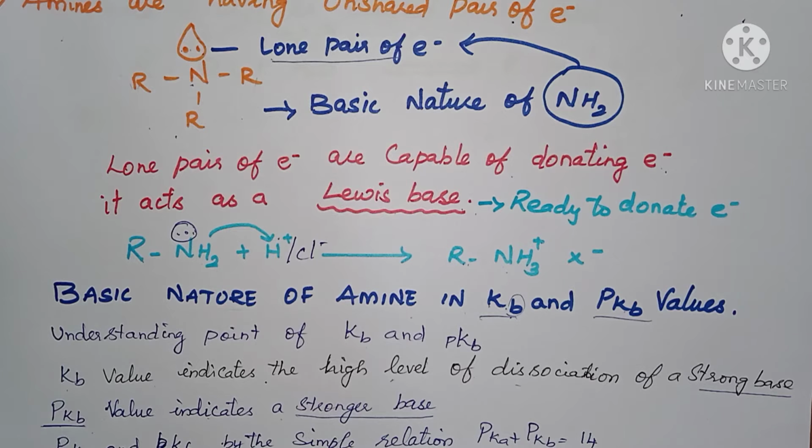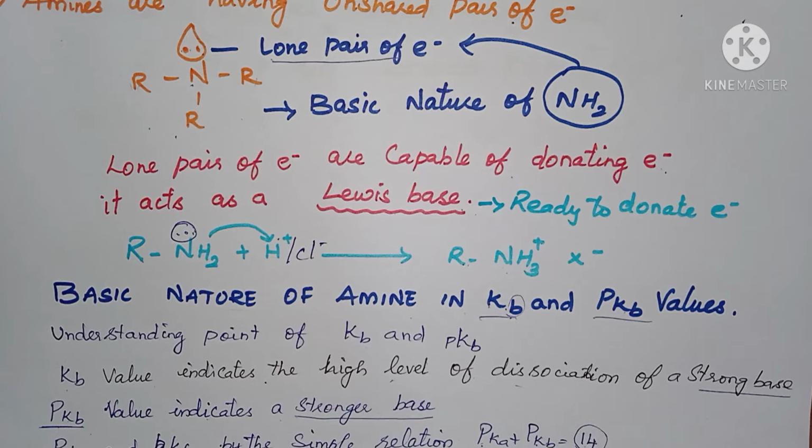Now pKa and pKb have the simple relation pKa plus pKb equals 14. If you get 14, Ka and Kb are combined, acid and base together, giving a neutralized salt and water.